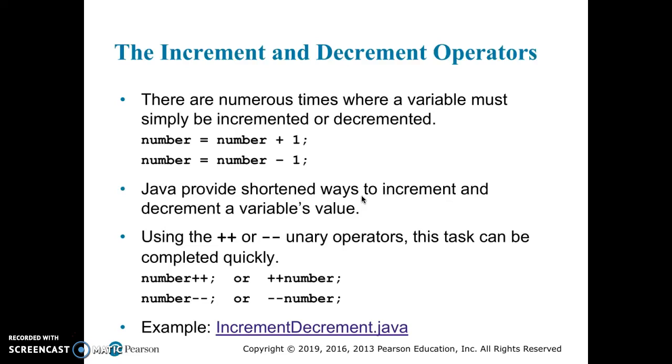So instead of using the longhand of number equals number plus 1, you can see down at the bottom of the page we could do number++ or ++number, and that allows us to increment the number. Same thing with number-- or --number. That allows us to decrement or decrease the number. So it's just a shorthand way to do an operation that's very common within loops.